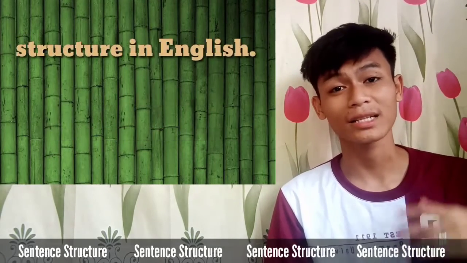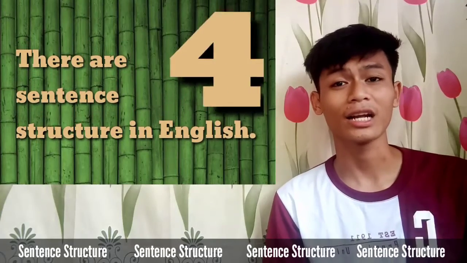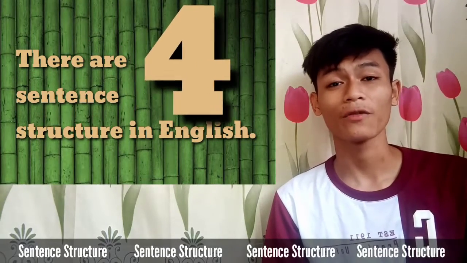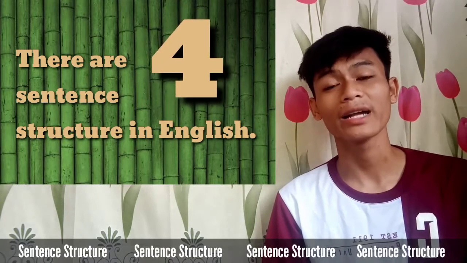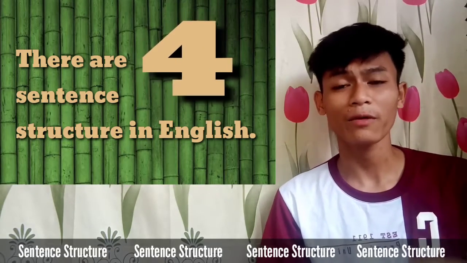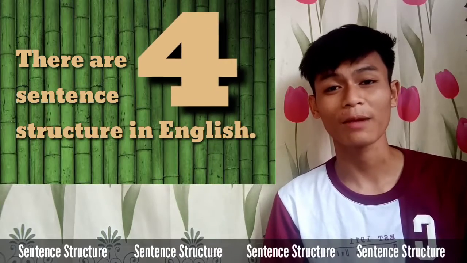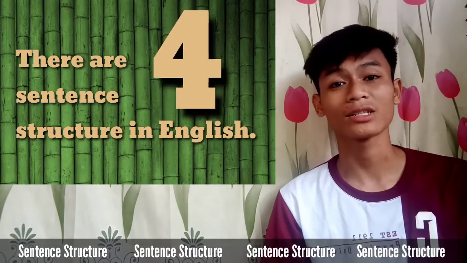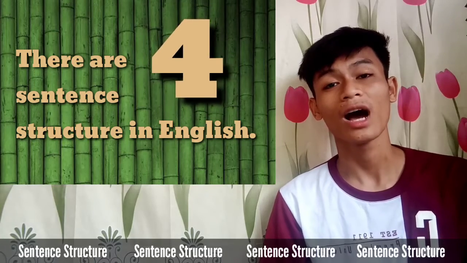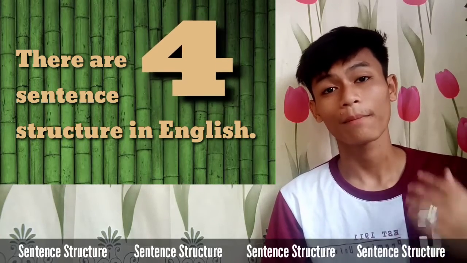Each one of these basic sentence structures in English has its own unique form, and it is very important to distinguish each type for us to create more interesting and creative sentences or paragraphs.